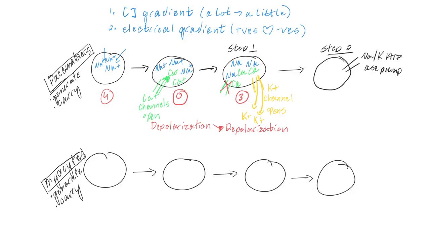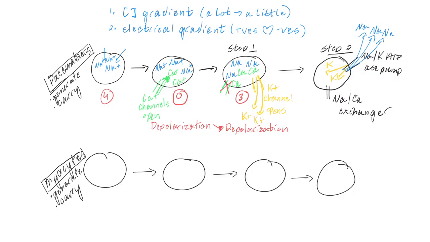And it's also where something called the sodium calcium exchanger comes in. So in step 1 of phase 3, we had a cell full of sodium. In step 2, the sodium potassium ATPase pump actually pumps out that sodium using energy. So 3 sodiums go out in exchange for 2 potassiums coming in.